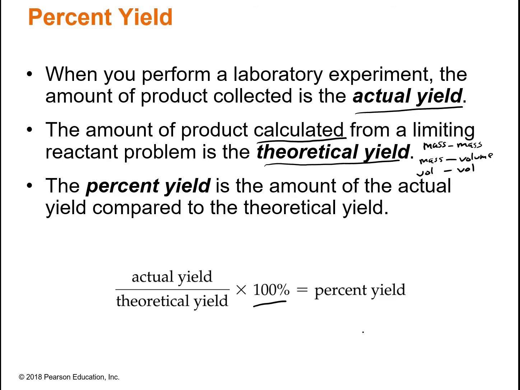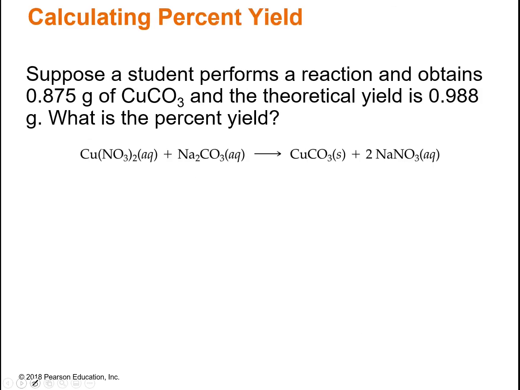So that tells you how good you did. Let's do a quick example. Suppose a student performs a reaction and obtains 0.875 grams of copper 2 carbonate, and the theoretical yield is 0.988 grams. What is the percent yield?